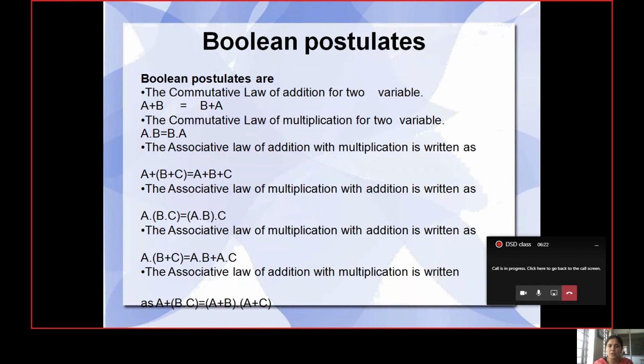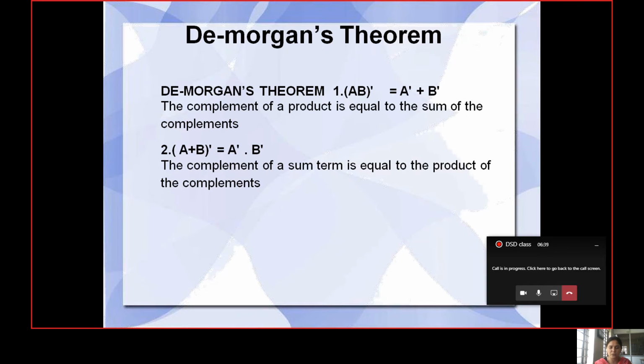So now coming to the Boolean postulates. Again, what we have seen previously in the previous slides, that is commutative law and associative law. So a plus b is equal to b plus a, ab is equal to ba. In the same way, we have seen the associative law also.